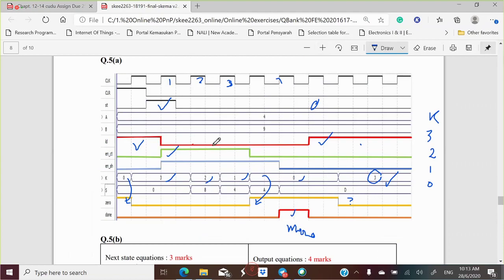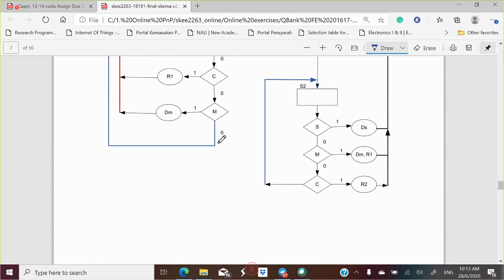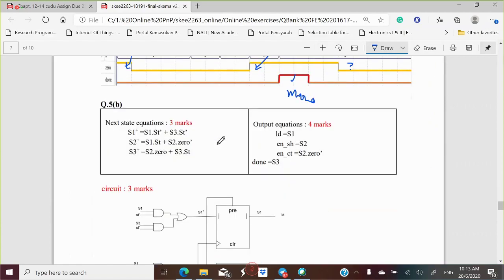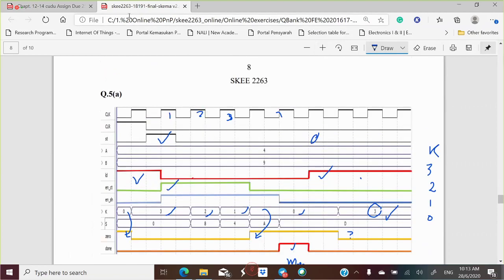This is the previous, the serial. Is this the question for the ones counted? Yeah, question 5, right? I think so. Question 5A. 17, 18. Is it not? Yeah, wait.